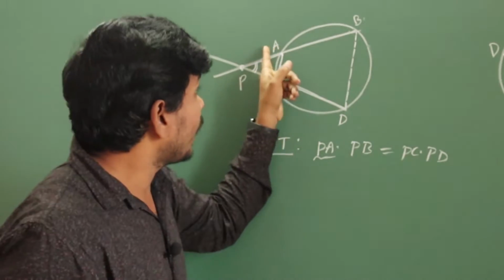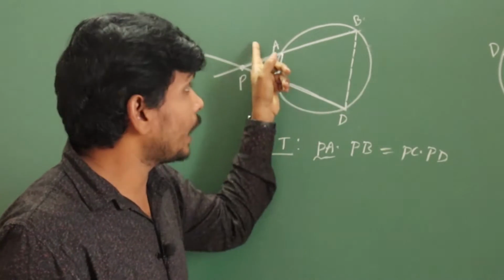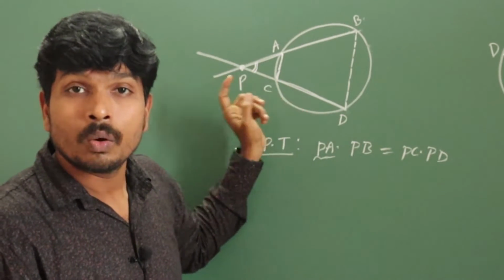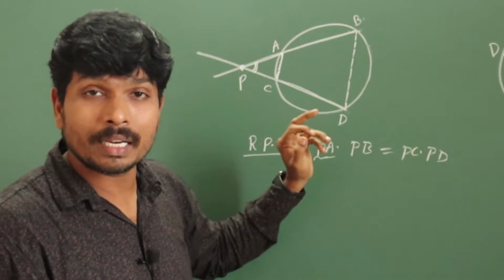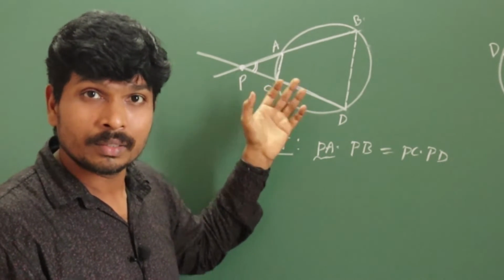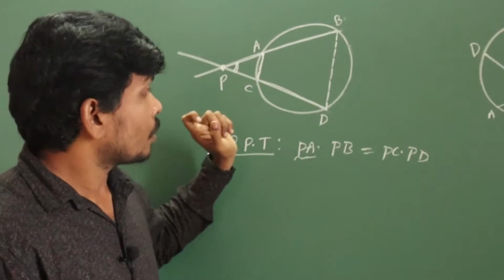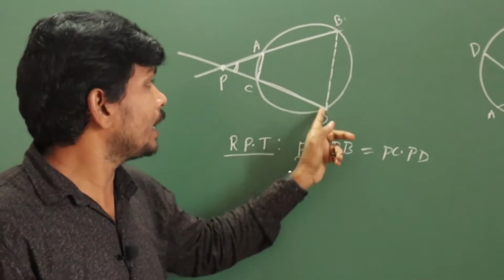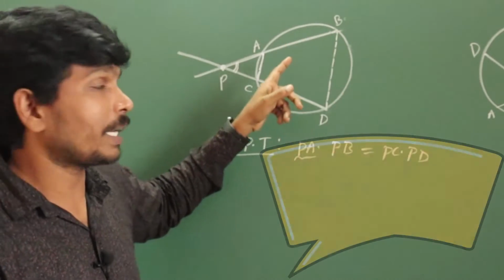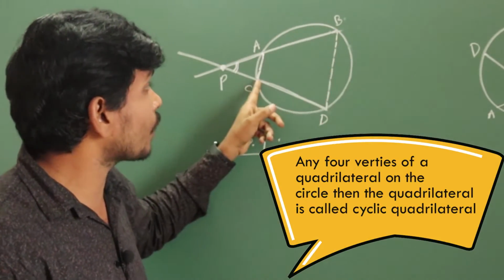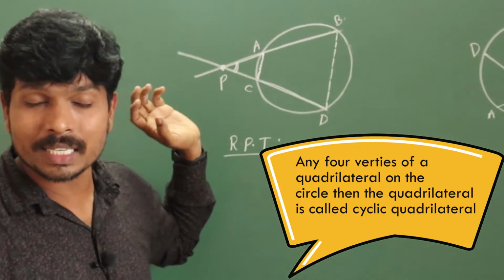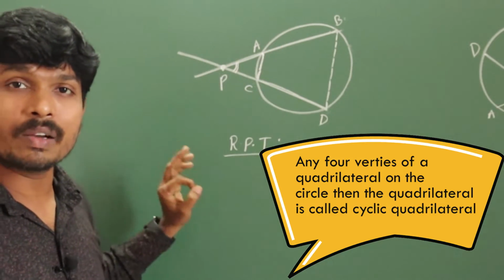Observe here, ABDC is a cyclic quadrilateral. What is meant by cyclic quadrilateral? You have learnt that in a previous class. If all four vertices of a quadrilateral lie on the circle, then that quadrilateral is called a cyclic quadrilateral.